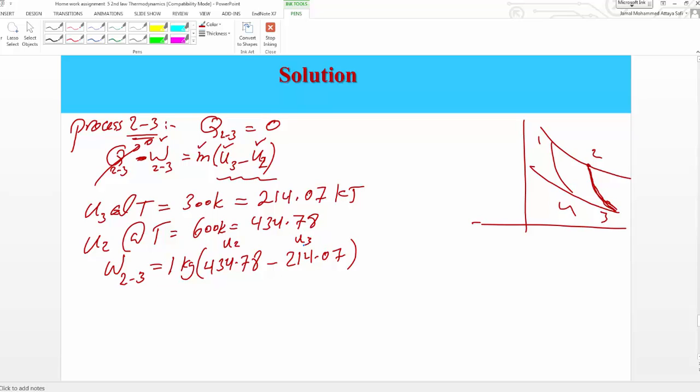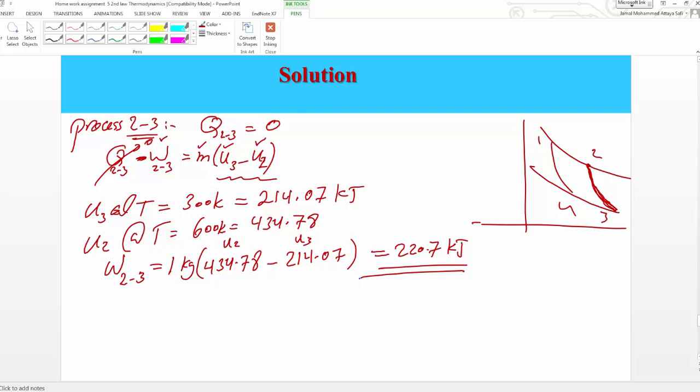Of course, this work is an adiabatic expansion, so you can see it's expanding, so it has to give you positive work. It doesn't matter which one you take, U2 or U3, but you can see that this is 220.7 kilojoule, and that is the work from 2 to 3.